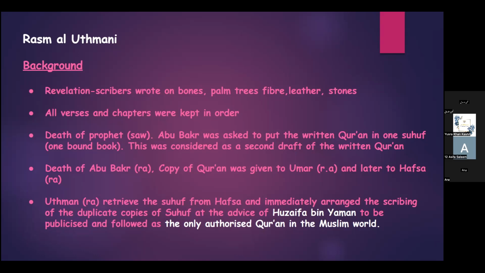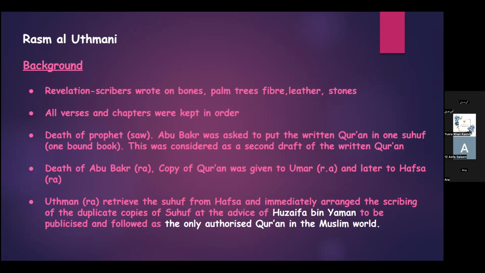So these were the items used to preserve the Quran in writing during the time of the Prophet Muhammad sallallahu alaihi wasallam. All the verses, the ayahs, the surahs were kept in order, as the Prophet Muhammad sallallahu alaihi wasallam would read out to them.